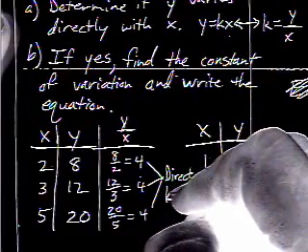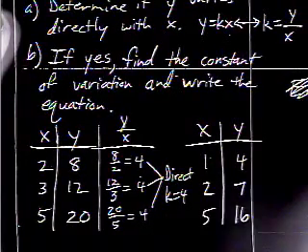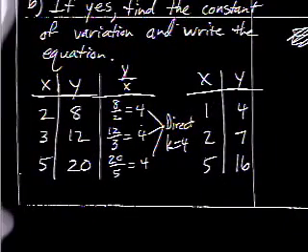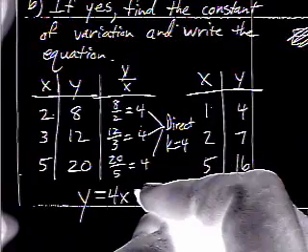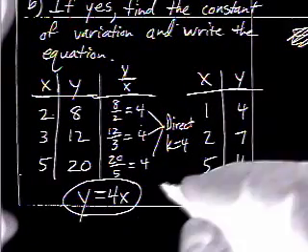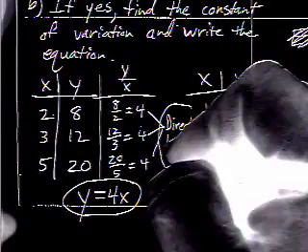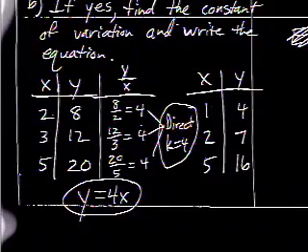It also means that k is equal to 4. And the last thing you were asked to do was write the equation if you thought it was direct variation. That shouldn't be too hard. Y equals 4x. So yes, it is direct variation. The constant of variation is 4. And y equals 4x is the equation.